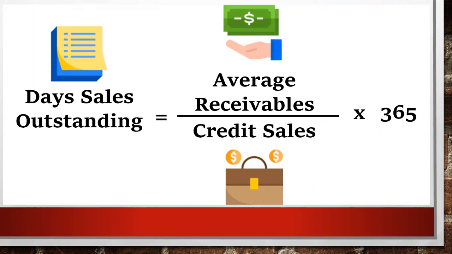The formula you reverse: average receivable upon credit sales multiplied by 365, 12 or 52, depending on the terms the question talks about. Clear everyone? So we'll see the example over here.